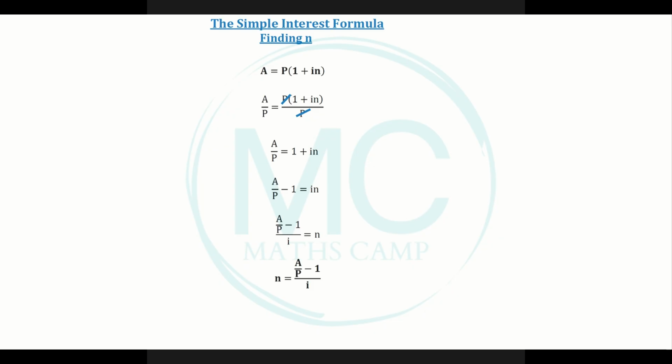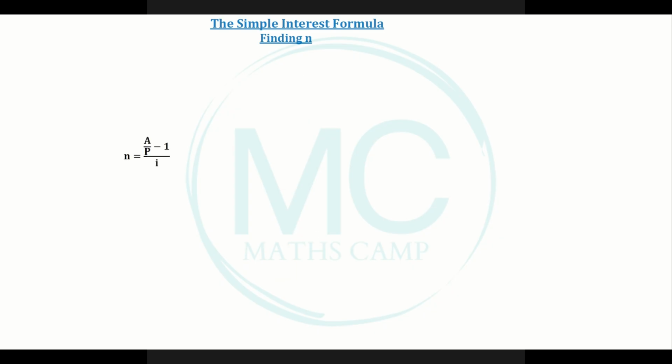Before we move on, there's something you should always keep in mind. To solve for n, we use the formula n is equal to A over P minus 1 all over I. But to solve for I, we use I is equal to A over P minus 1 all over n.